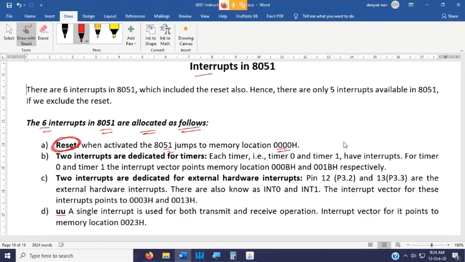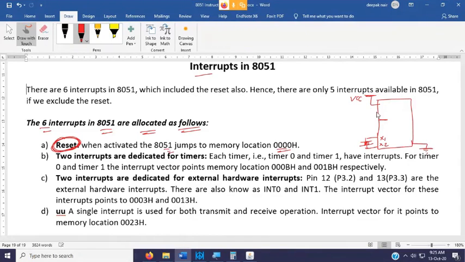There is one circuit which we always have to make with the microcontroller, whether it is 8051 or any other microcontroller. The basic simple circuit will always have a crystal connected to X1 and X2. Then definitely we will have VCC, which is very important, and then the ground also.